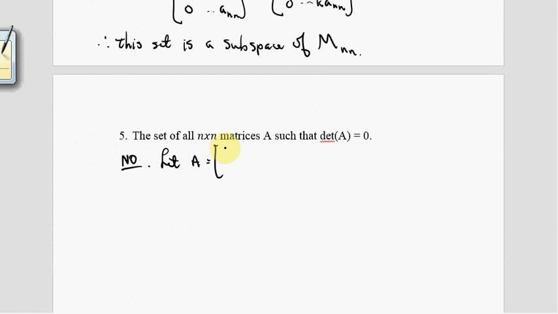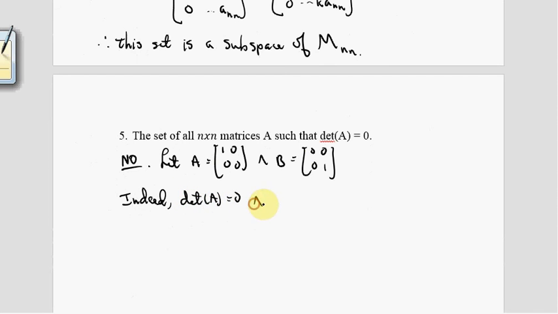Let A equal [1, 0; 0, 0] and B equal [0, 0; 0, 1]. Indeed, the determinant of A is 0, and the determinant of B is 0.